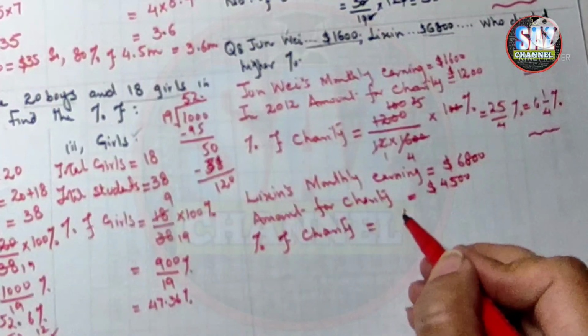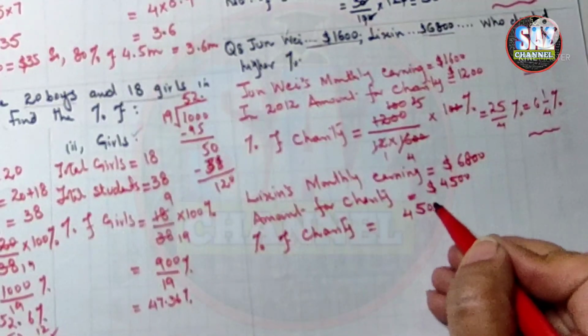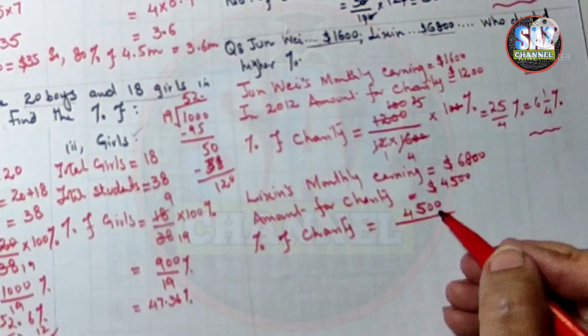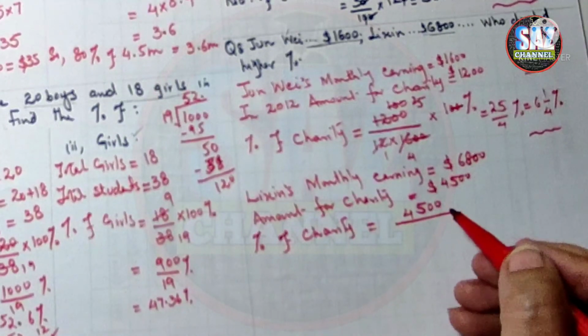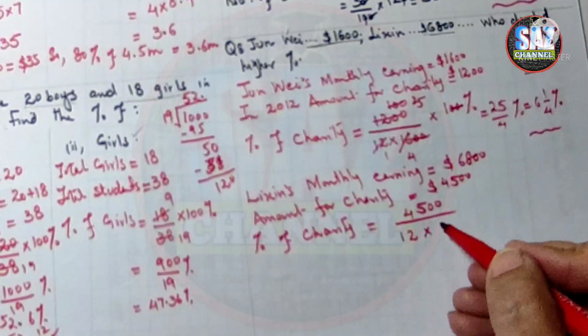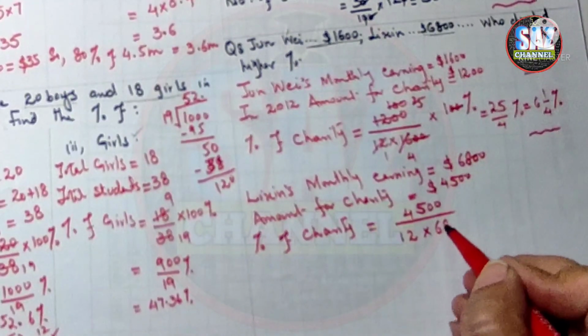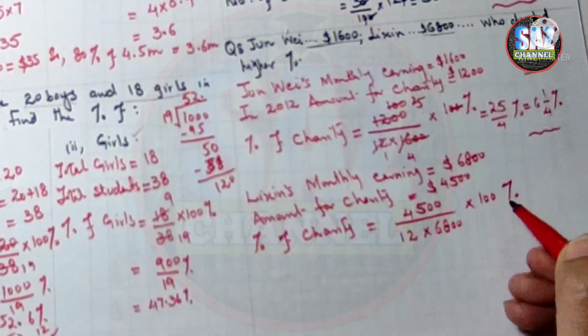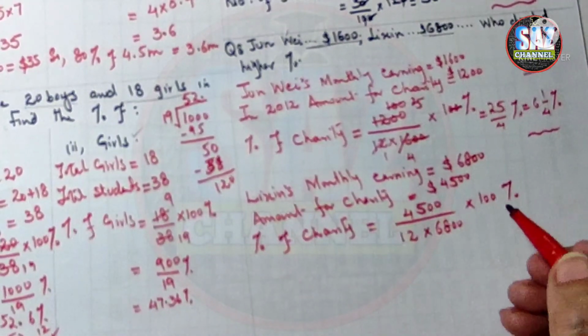Okay, the amount that he has given divided by the total amount of the year. Okay, and how are we going to calculate that? That is 12 times 1 month's earnings 6,800 multiplied by 100%, and now we have to go for the calculation.